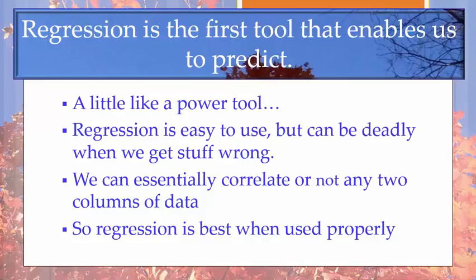We can run correlations all day long, but we have to have the theory, the ideas, to say A is linked to B, or the relationship between A and B is X. So be really careful with your use of regression. Just because things are correlated, it doesn't mean one caused the other. And just because you can do regression, it doesn't necessarily mean that it's going to provide us with useful information.